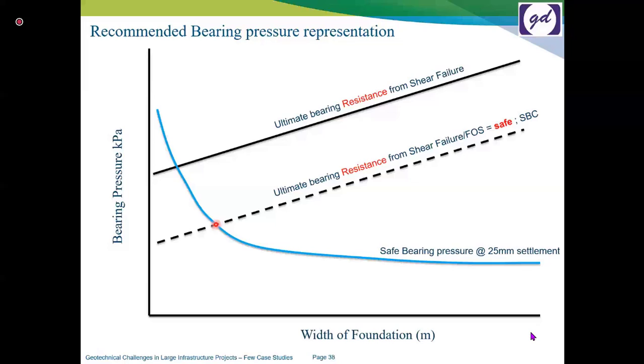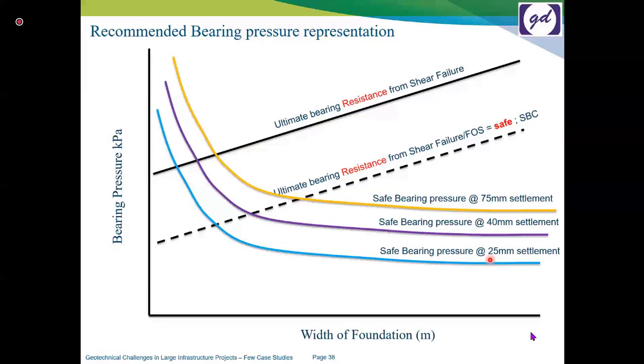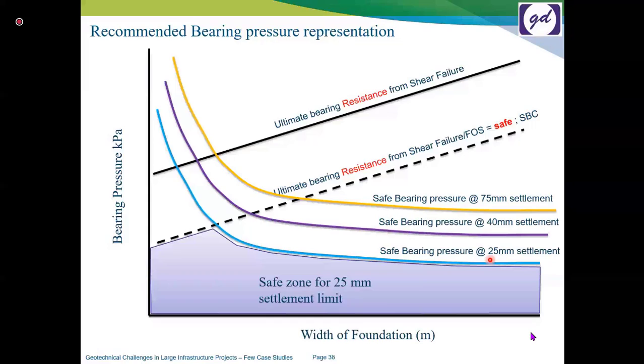And you may have some different limits of settlements, 40 mm, 75 mm, or some other. Based on that, probably your optimized foundation width would be different. And the safe zone, similarly, for 40 mm or 75 mm can be identified.